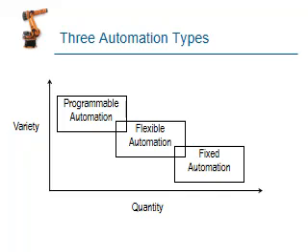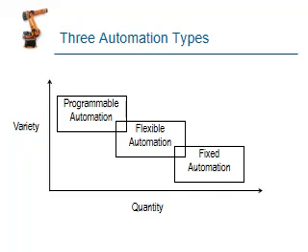There are three types of automation based on variety and quantity. Variety means one component having different types of operations. If the component has fewer operations, the variety is very low. If the component takes more operations, the variety is very high.